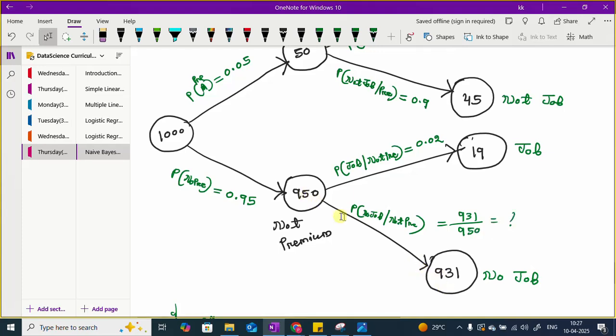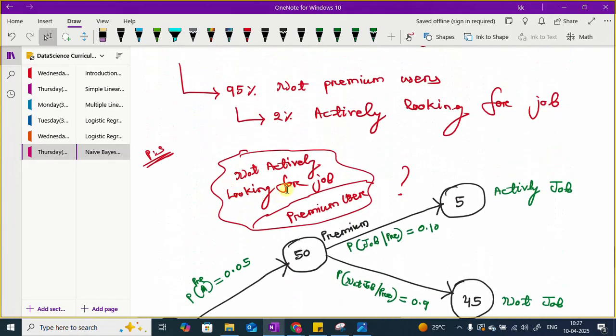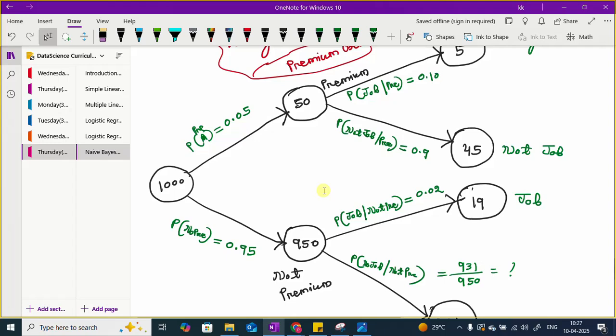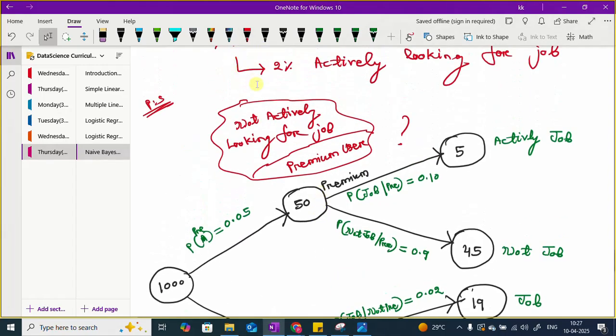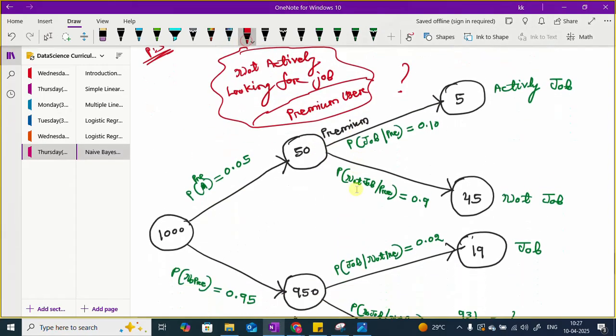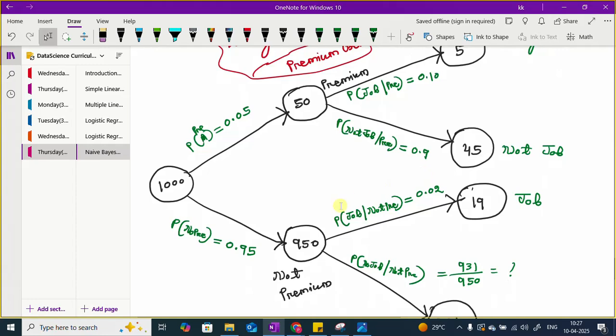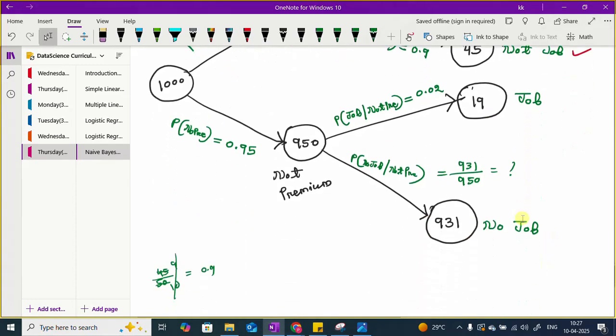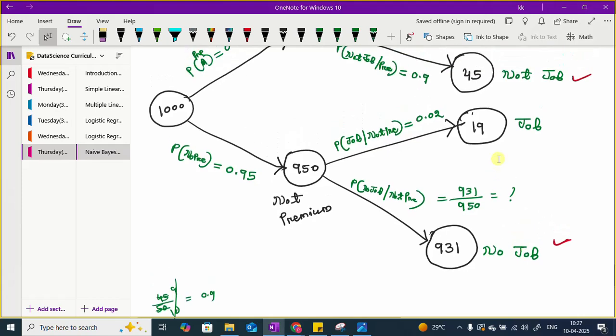Now come back to our problem statement. What exactly is it asking? Not actively looking for job. Now tell me, guys, how many persons are there who are not actively looking for job? Now this is actively looking for job, not looking for job. So this one is 45. Then this is not looking for job, 931. These are the people who are not actively looking for job.